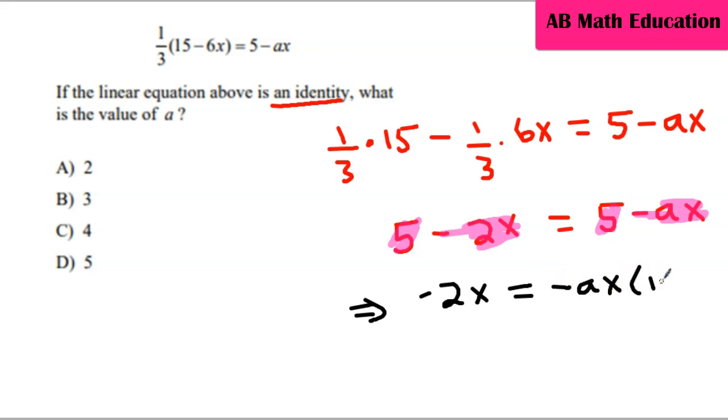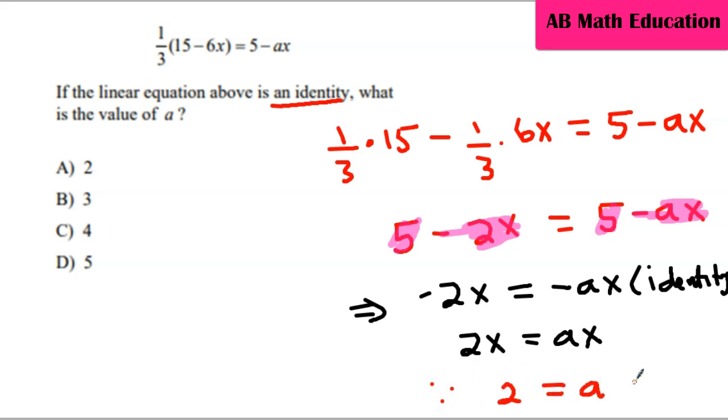So for it to be an identity, then negative 2x must be equal to negative ax for it to be true. And therefore here, negative divided by negative, we divide both sides, or multiply both sides, by negative 1, and it will take away that negative. Therefore, for the equation to be true, 2 must be equal to a, which if you want, you can swap. a is equal to 2.